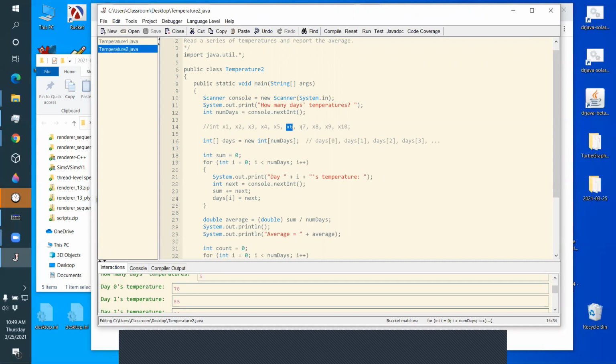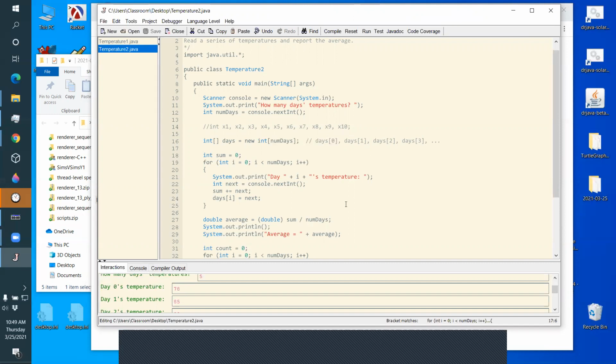You can't loop on X6, X7, X8, X9, but you can loop on days bracket 0, days bracket 1, days bracket 2. So arrays are really powerful. They form a huge part of what we do with programming. Arrays are very useful because you can make them as big as you need them at runtime, and then you can loop through the names in the array.